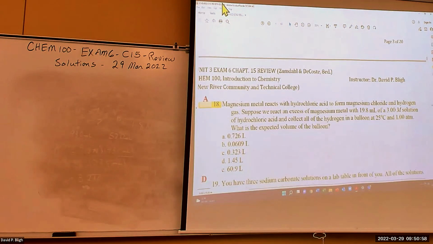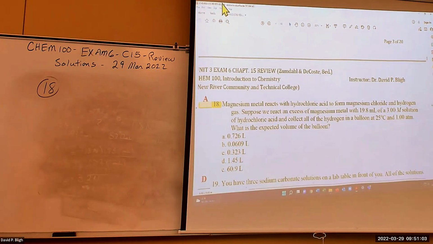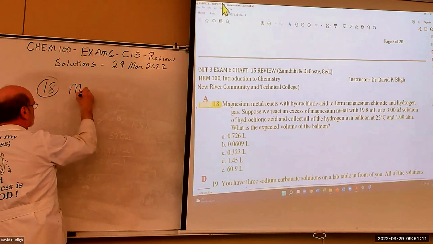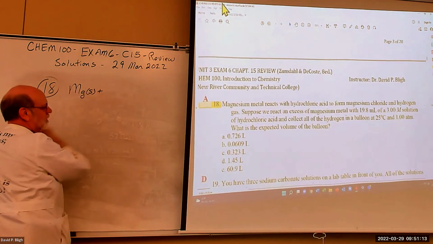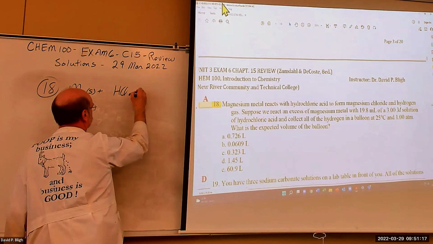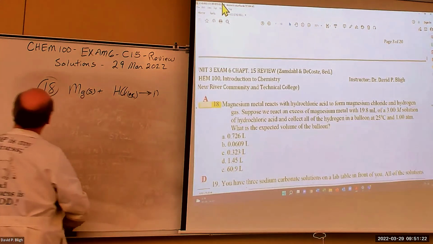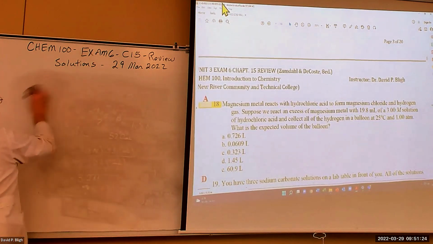And 18. Magnesium metal reacts with hydrochloric acid to form magnesium chloride and hydrogen gas. Okay, magnesium metal reacts with hydrochloric acid to produce, let's start over again.